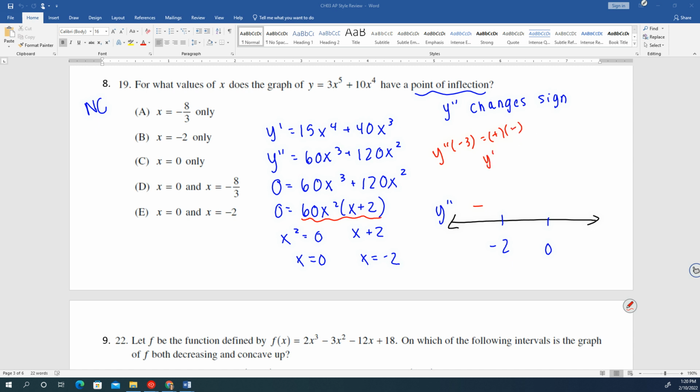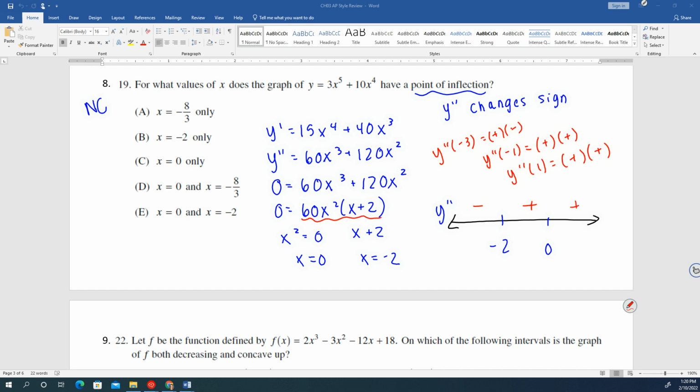Okay, so then if I do -1, which would be in between -2 and 0, again here, it being squared is going to be positive. And now -1 plus 2, that's also going to be positive, positive times positive, positive. All right, and then one more to the right, probably test 1. Another positive, positive.